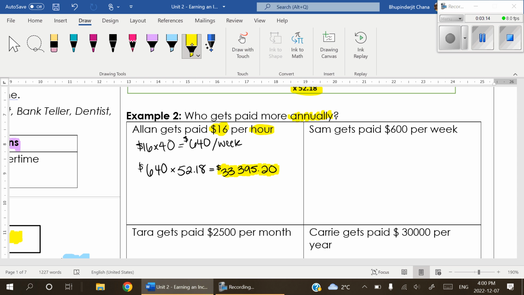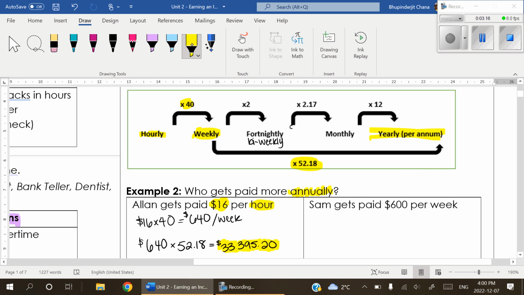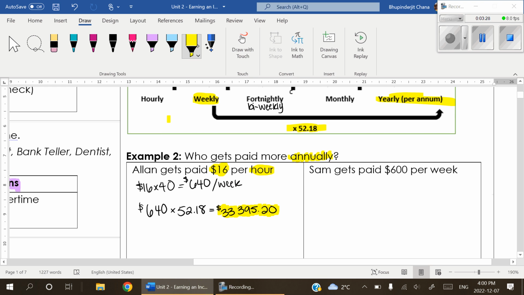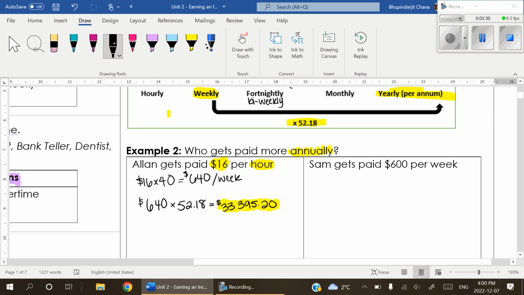Okay, Sam is getting paid $600 per week. So I'm going to clear my flow chart here just to show you what's happening. We're currently here, we're at weekly, and we want to get it to per annum. So I'm going to multiply that by 52.18. So $600 multiplied by 52.18. 600 times 52.18.